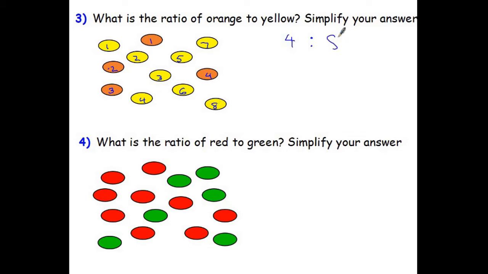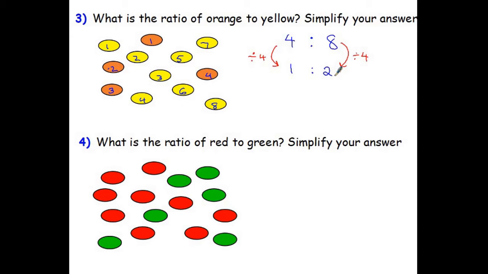So that's 4 to 8. Now, you will notice that we can simplify it, and it asks us to simplify it. So we can divide both of these by 4, because 4 goes into both. 4 divided by 4 is 1. 8 divided by 4 is 2.